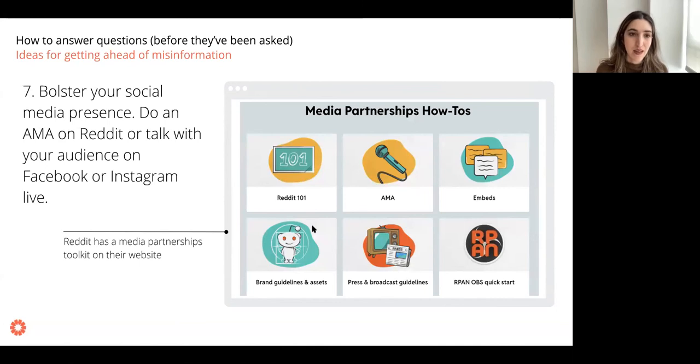And speaking of engagement with your audience, bolster your social media presence if you have the resources to do so, right? There are a lot of different ways to do this. For example, if you are coming from the States and you are in a place that has a lot of Reddit engagement, right?